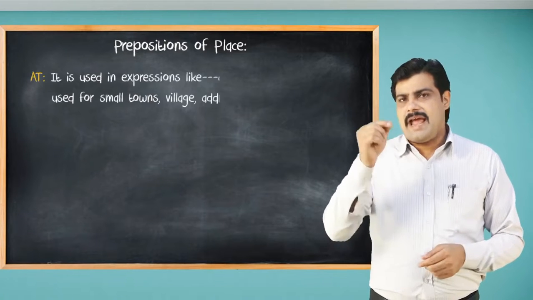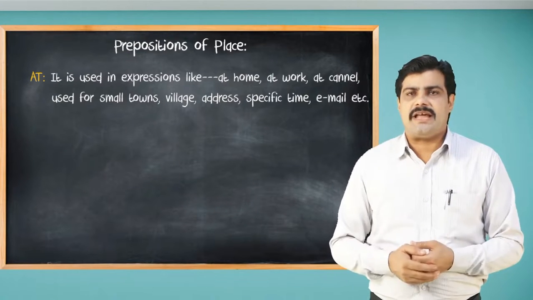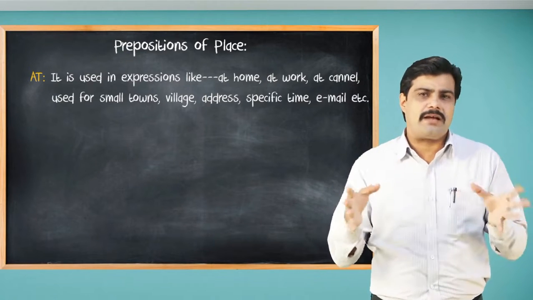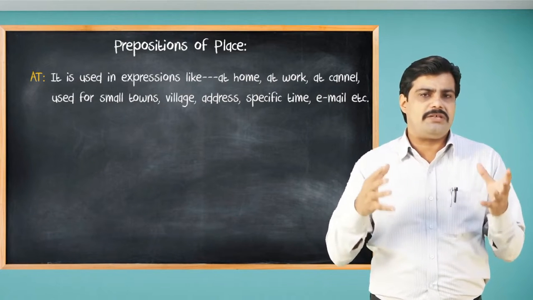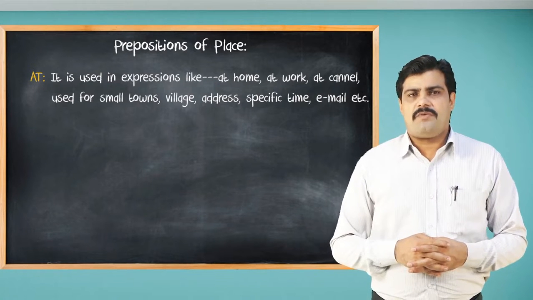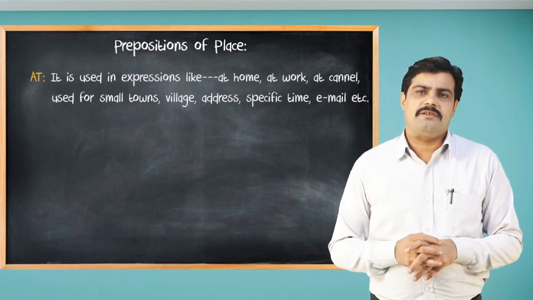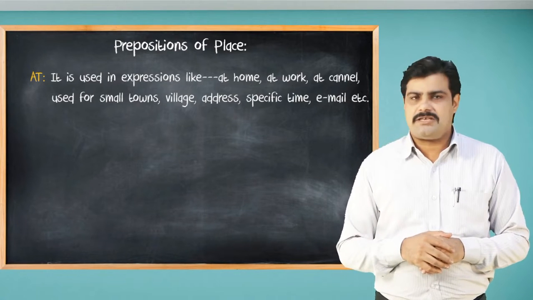The preposition at is another preposition which is used in expressions like at home, at work, at canal, used for small towns, village, address, specific time, emails, etc. For example, I live at Parikshitgarh. That is a small town, so I have used at here.